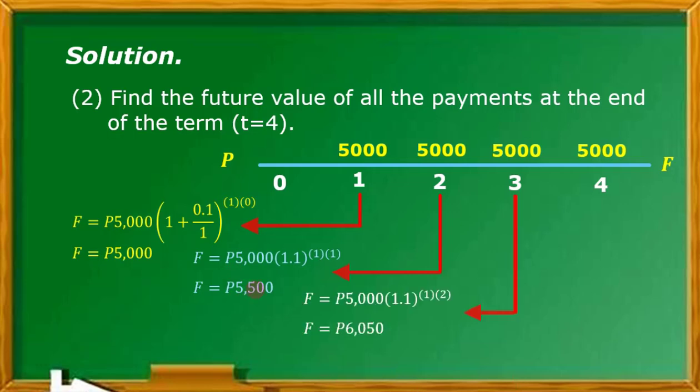Then year 3, we have 6,050. And on the fourth year, the future value is 6,655. Now, if we sum up this 5,000 plus 5,500 plus 6,050 and 6,655, this is the amount of savings of Rodrigo.